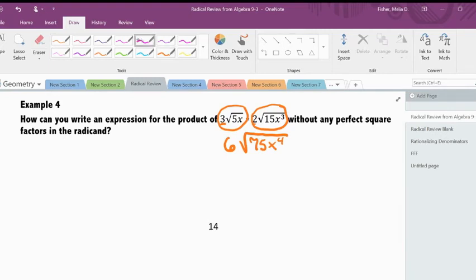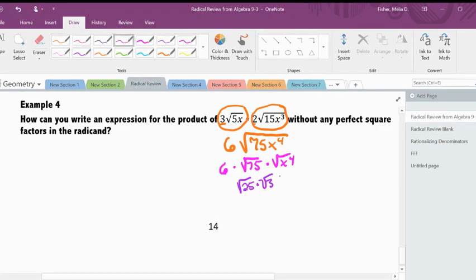Now we can rewrite this into 6 times the square root of 75 times the square root of x to the 4th. We can see that 75 actually is divisible by 25, and that's a perfect square. So I'm going to go ahead and break that down into the square root of 25 times the square root of 3.